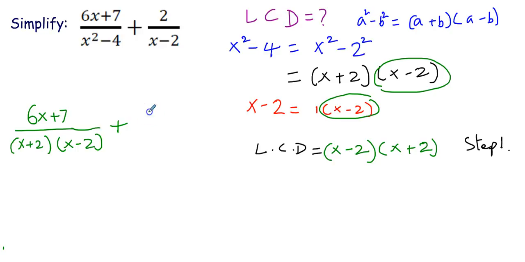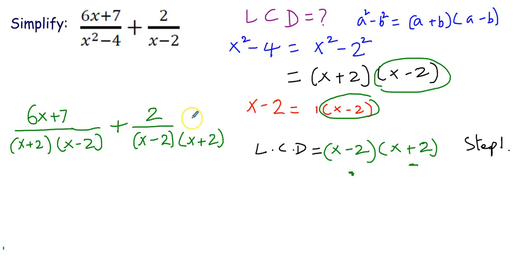Now, coming to the second one, in the second expression, in my denominator you have just x minus 2. Only x minus 2 is there. But we are looking for x minus 2 times x plus 2. Therefore, I have to multiply this denominator x minus 2 by x plus 2 so that this changes to the same thing like LCD.